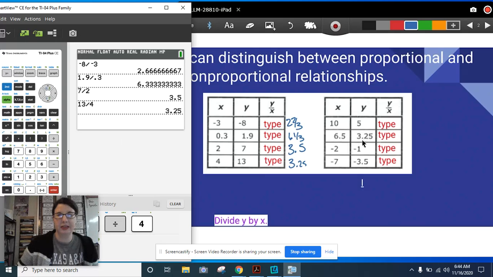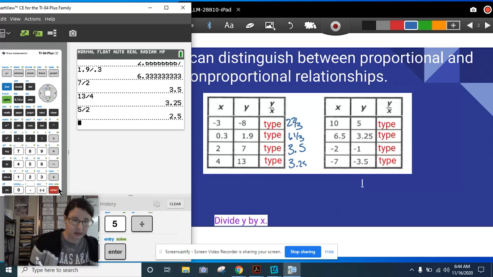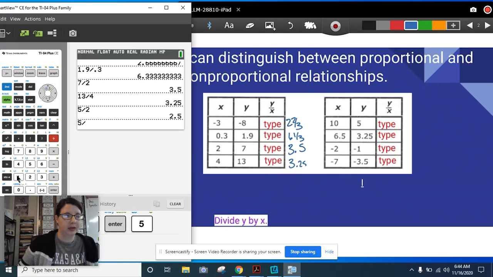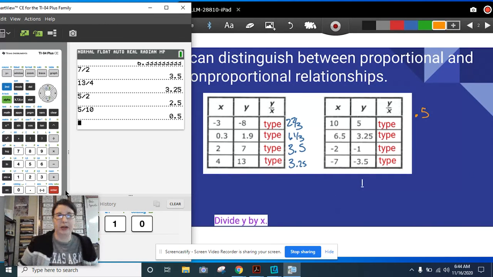Well, let's look at this table over here. If we do 5 divided by 2, I get... Did I do that? No, I did that wrong. 5 divided by 10. So 5 divided by 10 is 0.5, which is 1/2.